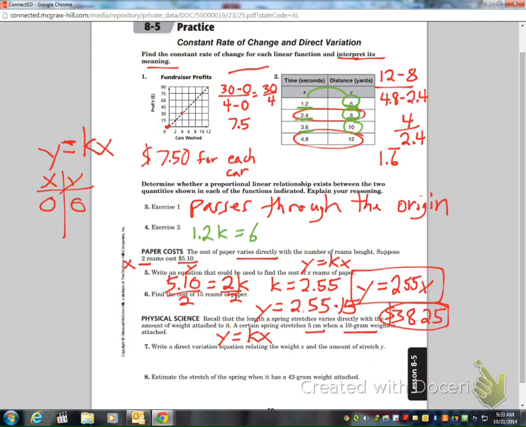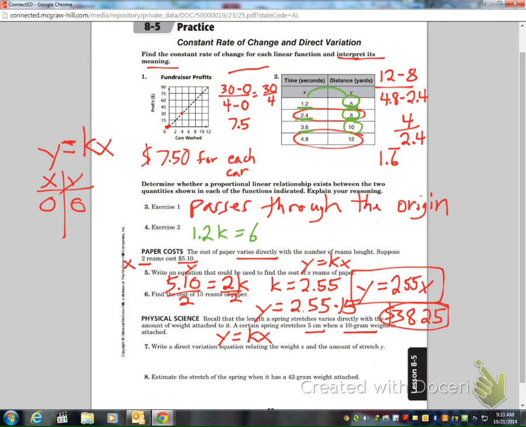Which one depends on the other? The length depends on the weight. The more weight I put on it, the more it stretches, right? What we control is how much weight we put on the spring, right? The relationship then is what happens to the length of the spring as we change the weight, right?